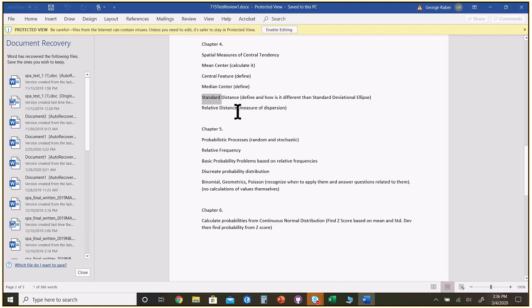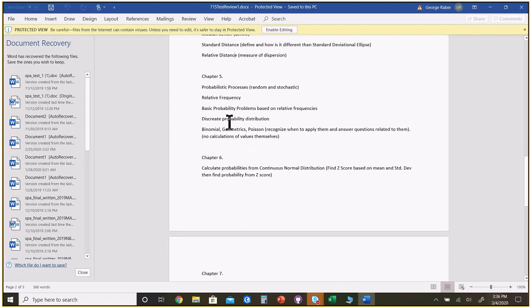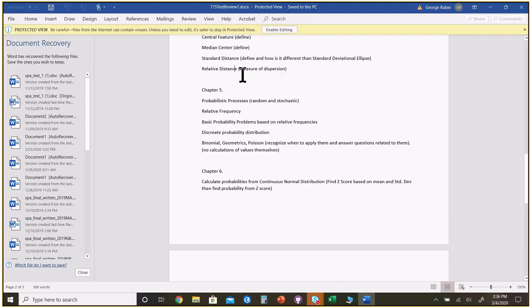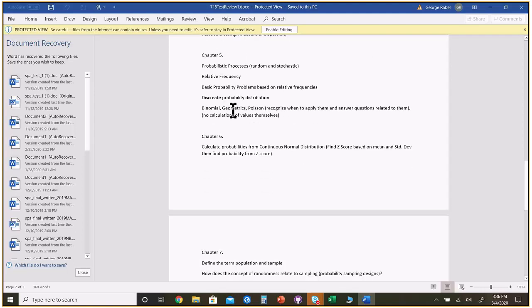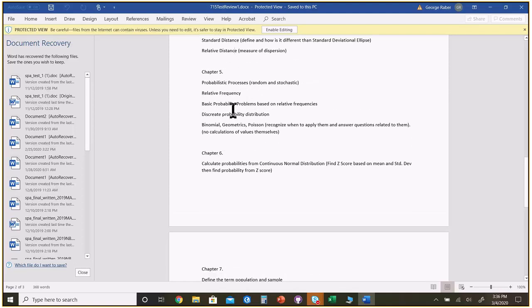Okay, but you're not going to have to calculate that either. Just define it. I just defined it for you there. And be able to know what it means so that you could interpret two different relative distance values.